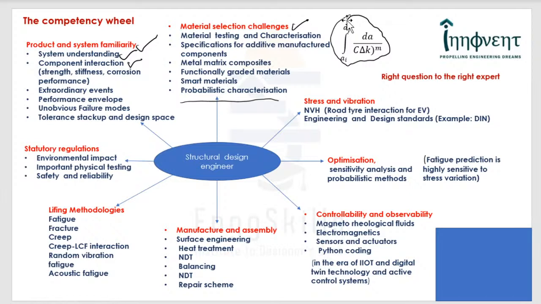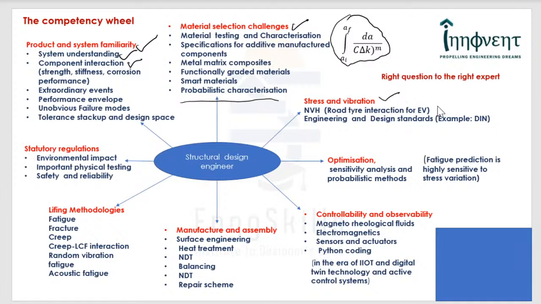And also a designer must be familiar with various methods and should have a detailed understanding of stress and vibration margins for a component, because these are very fundamental for component design.